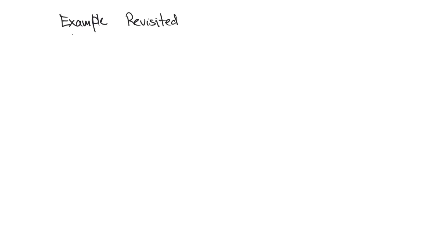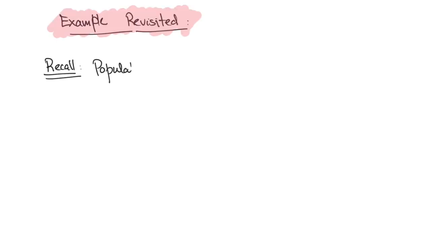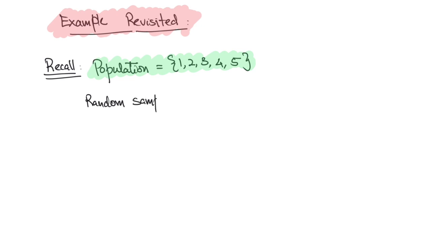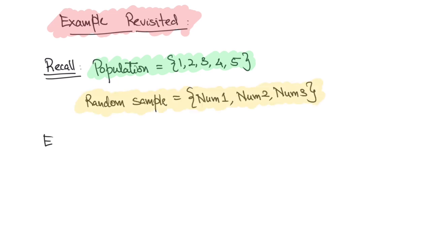Let's revisit our example from earlier. Recall that our population was 1, 2, 3, 4, and 5, the 5 numbers. And a random sample of size 3 consisted of 3 random variables, num1, num2, and num3.